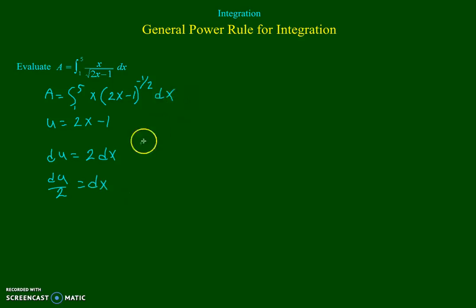Now we've taken care of our dx term, but we still have this x hanging out here. So we're going to have to rewrite this and solve for x to get a u expression. So let's do that over on the right hand side. Let's move this over here, and we can say that u plus 1 equals 2x, u plus 1 over 2 equals x.